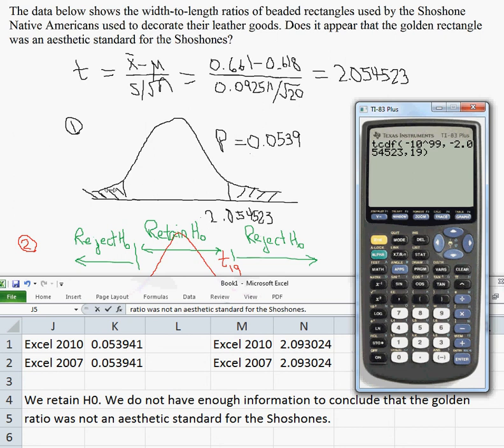So this would find the area in the left tail, from negative 10 to the 99 to negative 2.054523. Then to get the area in both tails, I just simply take that and multiply by 2. And so this should give me the same answer that I had before, 0.053941, which is exactly what we got in Excel.